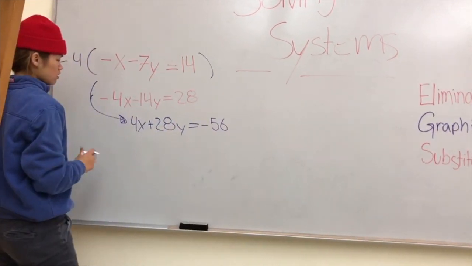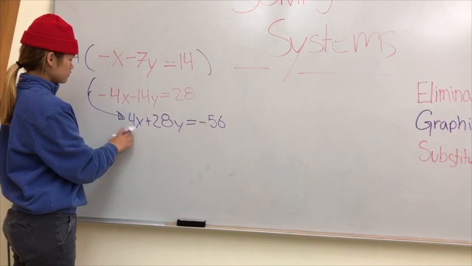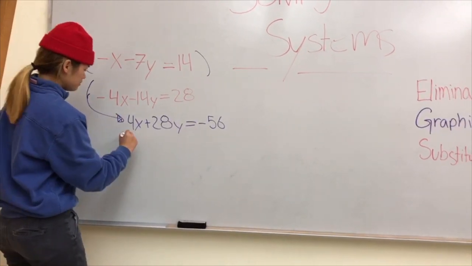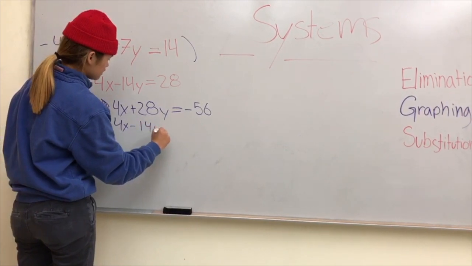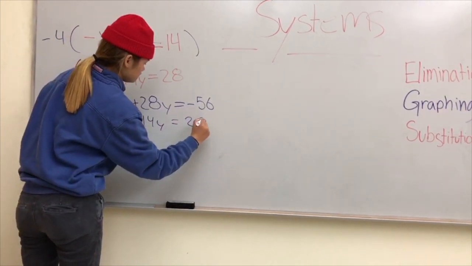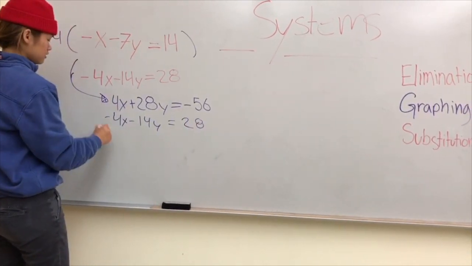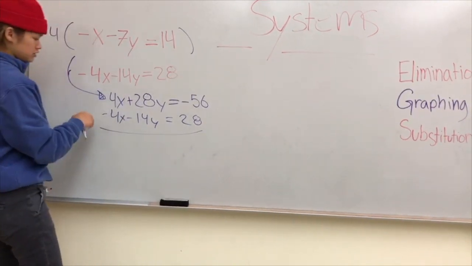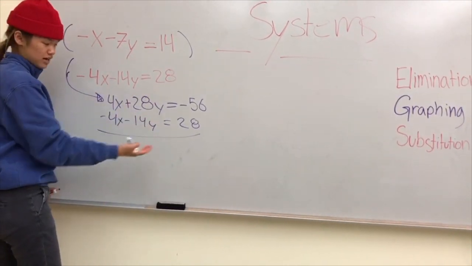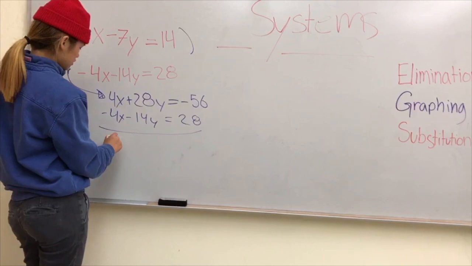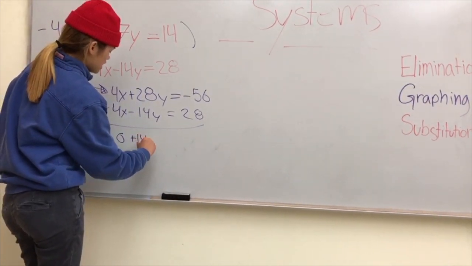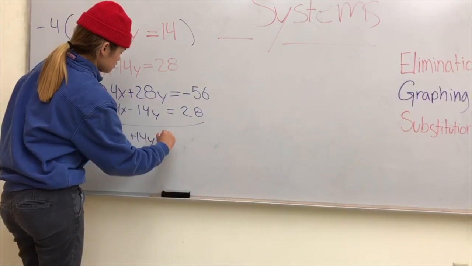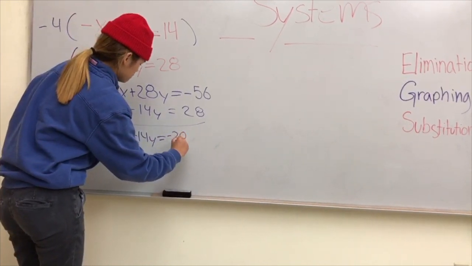Okay, so once you've distributed the -4, you want to also bring down this problem: -4x minus 14y equals 28. And then you're going to subtract it. So you get 0 here plus 14y equals -28.